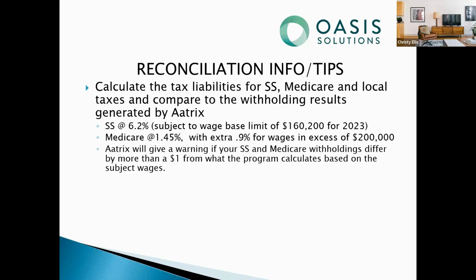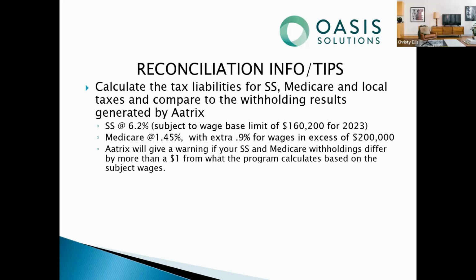And the reason why I say it is important to go ahead and look at those calculations is because Atrix does give a warning when you're processing through your W-2 grid that if what you show in your grid differs or varies more than $1 from what the program calculates it should be, then it's going to give you a warning for that.